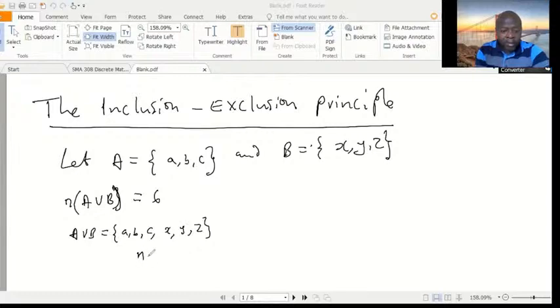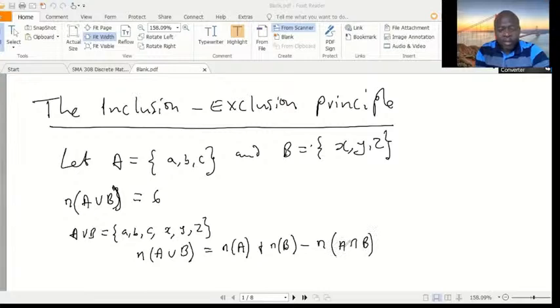The Inclusion-Exclusion Principle says that the number of elements in this union is given by the number of elements in A plus the number of elements in B minus the number of elements in the intersection of A and B. We subtract the number of elements in the intersection to avoid counting some elements twice, because we've already counted elements in A, and we've already counted elements in B. So this is the Inclusion-Exclusion Principle.